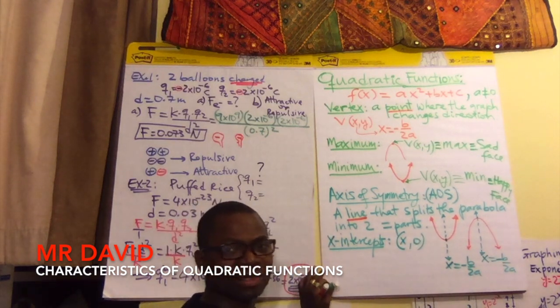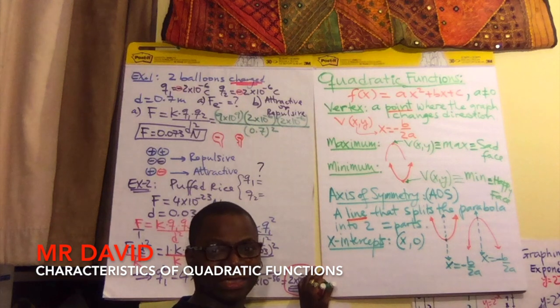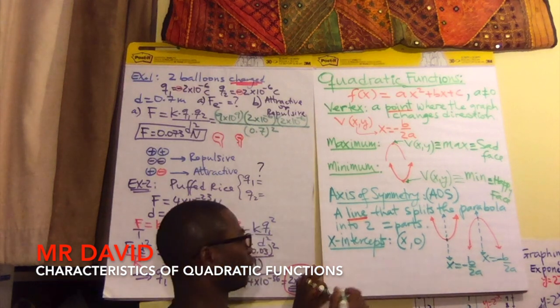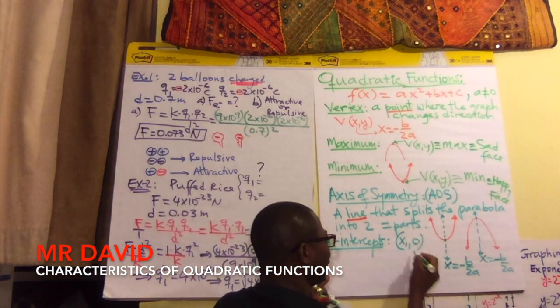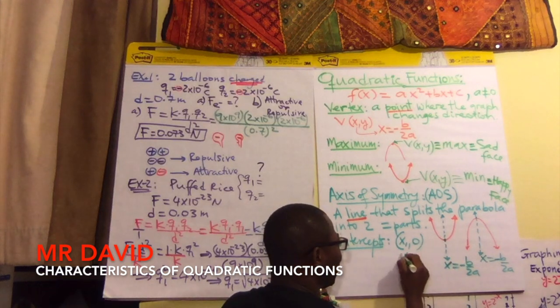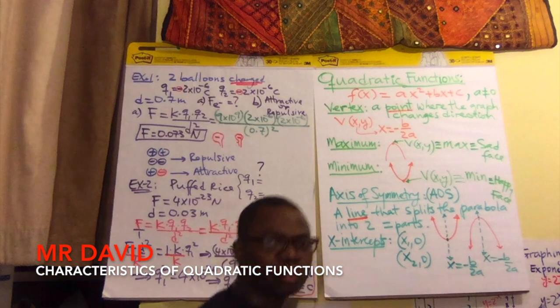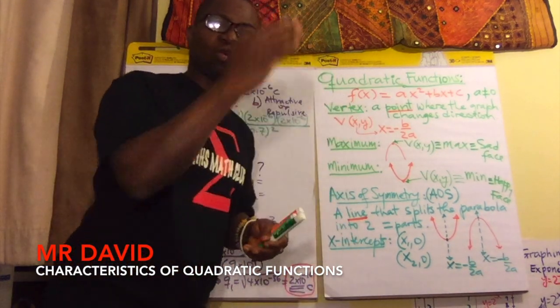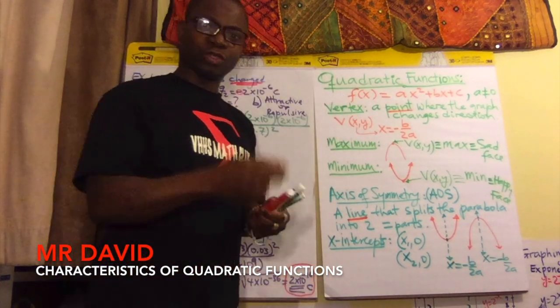But since it's a parabola, a quadratic function, there are two of them. One of them is x1, comma 0. The other one is x2, comma 0. These are the two points where the graph crosses the x-axis.